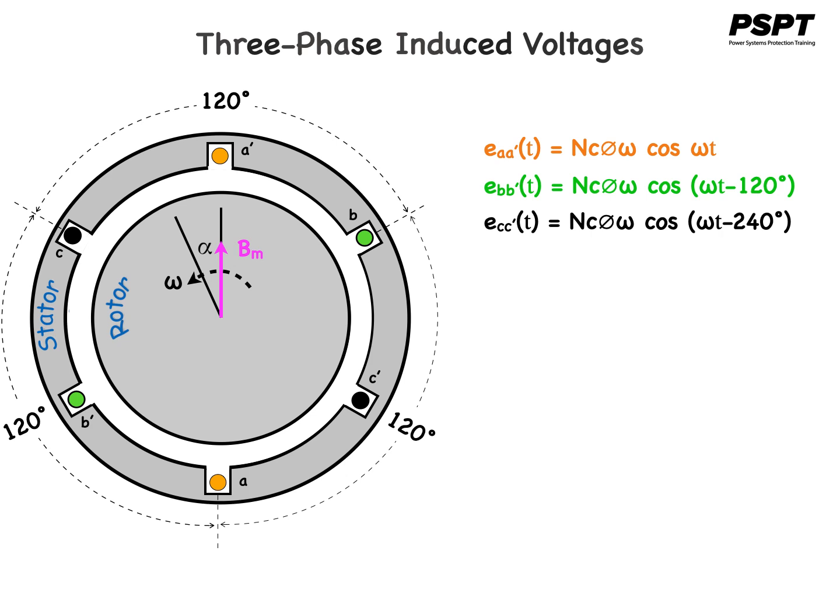Therefore, a rotating magnetic field can generate a three-phase set of voltages in such a stator. The peak voltage in any phase of a three-phase stator of this sort is given by E subscript max, or E max, is equal to NC phi omega. Remember that omega is the relative angular velocity.